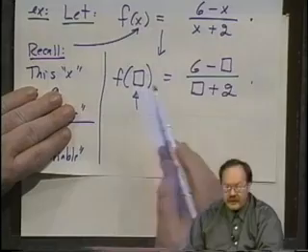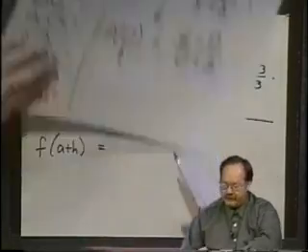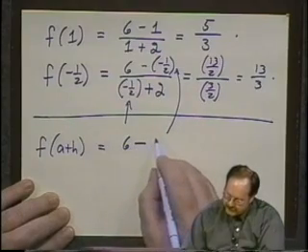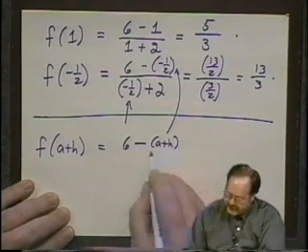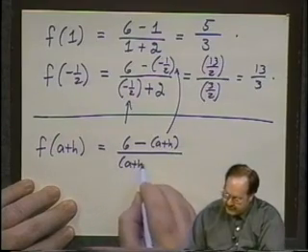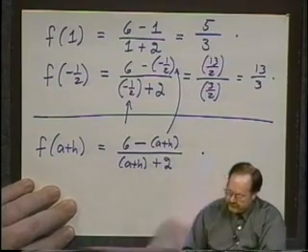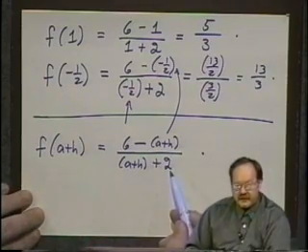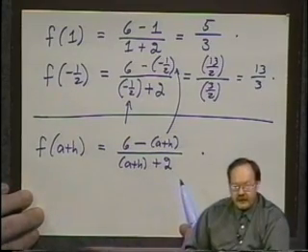That object will go there, there, and there. So f of a plus h will be 6 minus the quantity a plus h, again being careful with my parentheses, over a plus h plus 2. Now in this case, there's no more simplification I can do. There's nothing that's going to cancel. So I'm going to leave it just the way it is.